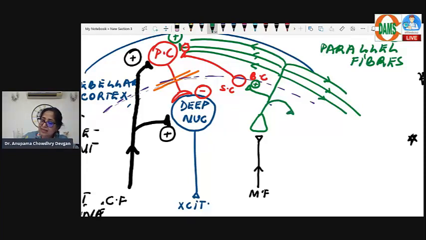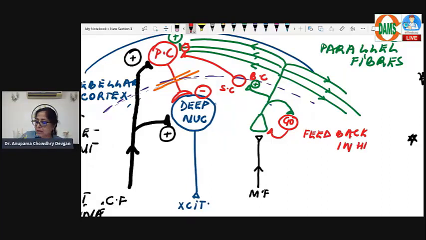Now the granule cell will give an excitatory fiber to the Golgi cell. The Golgi cell will inhibit the same granule cell. This is an example of feedback inhibition.